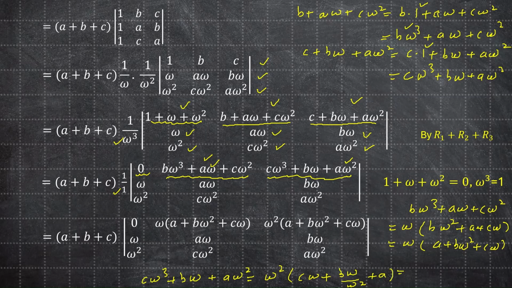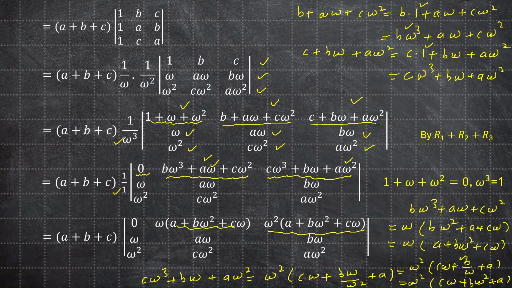It can be written as omega square into c omega plus b over omega plus a. And we know that 1 over omega is equal to omega square. So we can write it as c omega plus b omega square plus a. And we have arranged it and written it as omega square into a plus b omega square plus c omega.